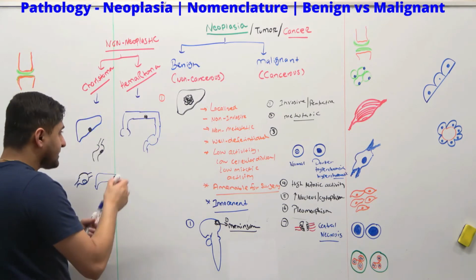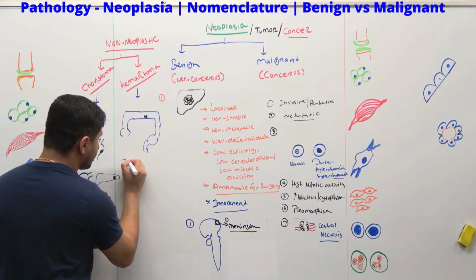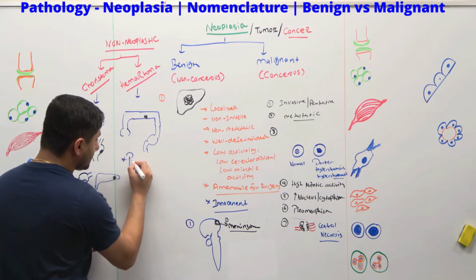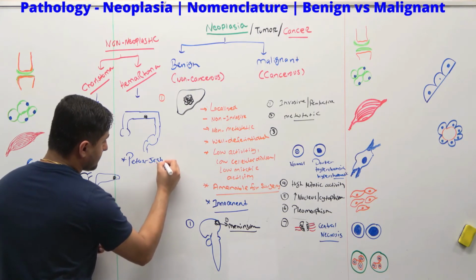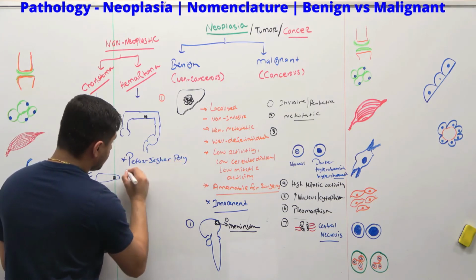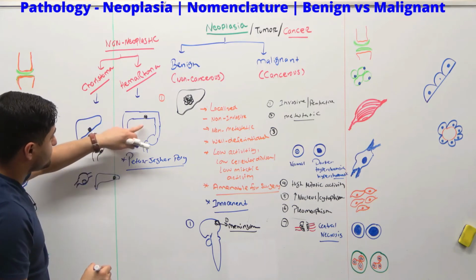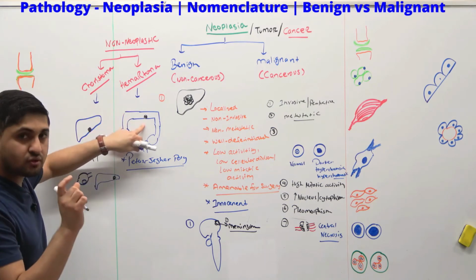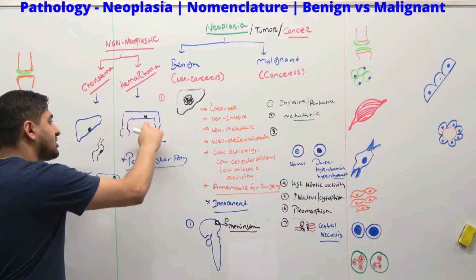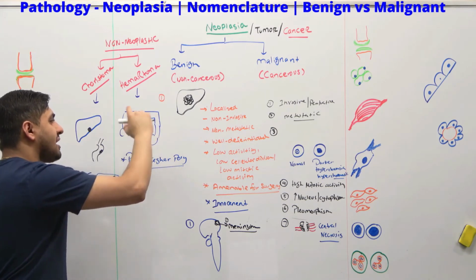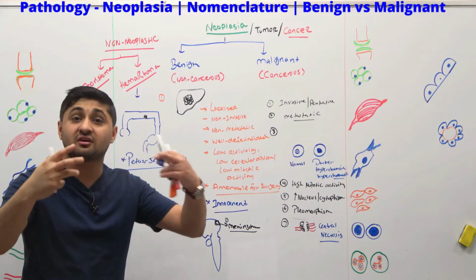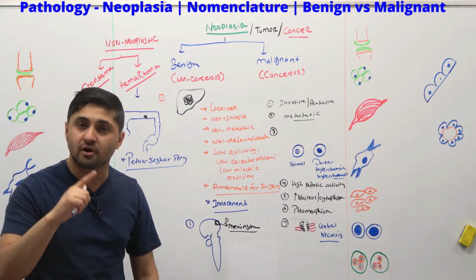One of the classical examples of a hamartoma is the Peutz-Jeghers polyp, where the mucosa originates from the colon, but the epithelium arranges itself in a disorganized fashion. Then we call them a hamartoma.